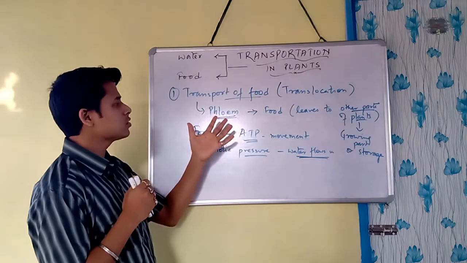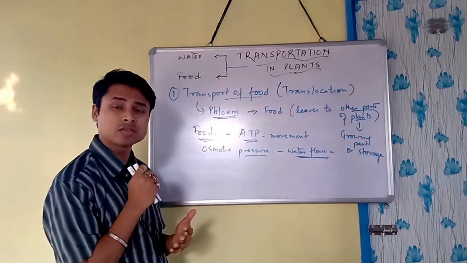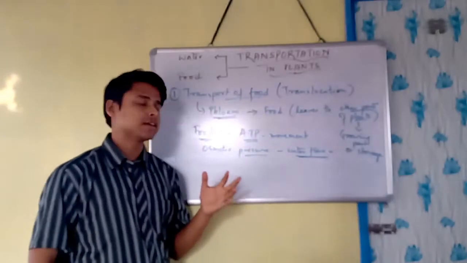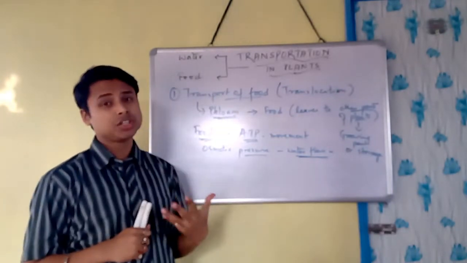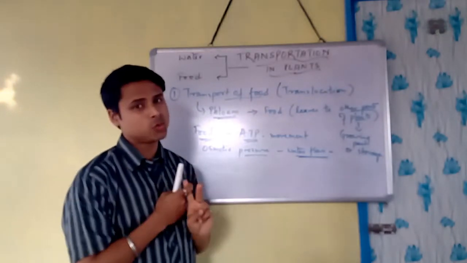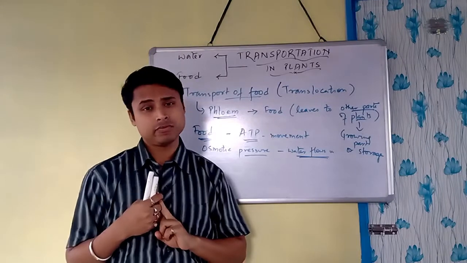Likewise, the phloem helps in the transportation of food to the different parts of the plant, right? So this is what we have seen in this transportation in plants. It is very simple. Only two processes happen. One is transportation of water, and another is transportation of food.